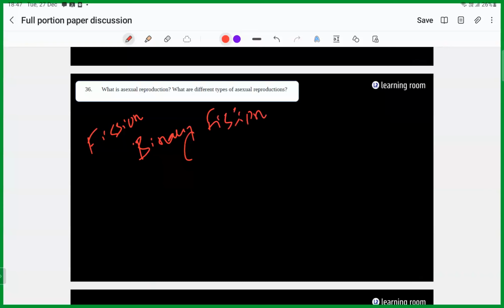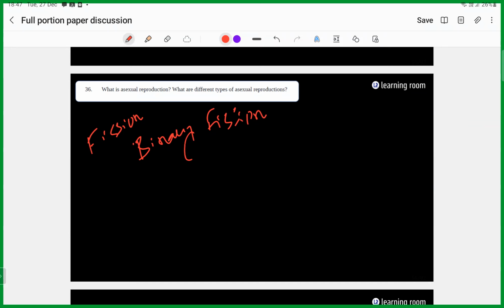If not amoeba, what else would you have given? Malarial parasite is for multiple fission. And then Leishmania. Very good. Leishmania is an example for binary fission with definite orientation. Amoeba, any orientation. Just keep that in mind.